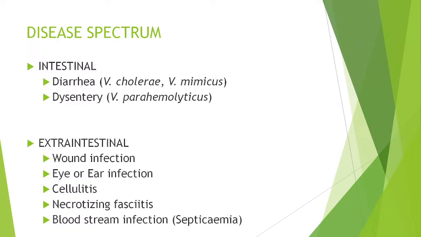Amongst the extraintestinal manifestations, what are they? Common are wound infection, skin and soft tissue infection, particularly if the wound has occurred in contact with salty water, either sea water or marsh water. So wound infection can sometimes cause cellulitis, necrotizing fasciitis and even bloodstream infection leading to septicemia. So these are in general the spectrum of the overall Vibrio species.